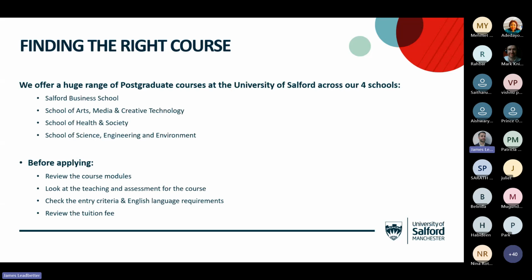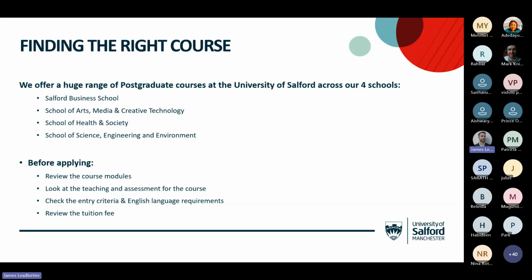Now, there are a huge number of courses. So first, identifying exactly what subject area you want to go into. You want to have a look at if there are different opportunities while studying, so things like work placement opportunities. We have quite a few programs that offer a year in industry at postgrad level, and how all that process works.